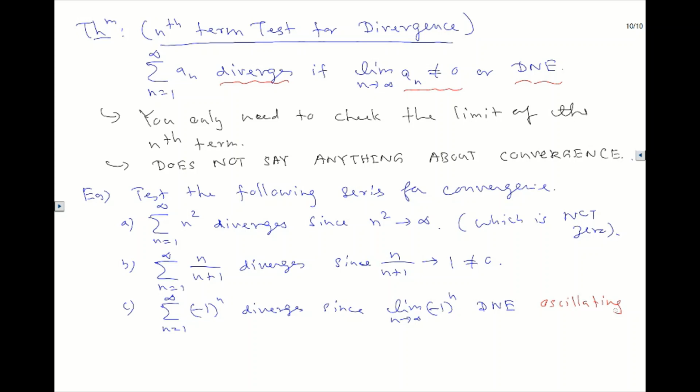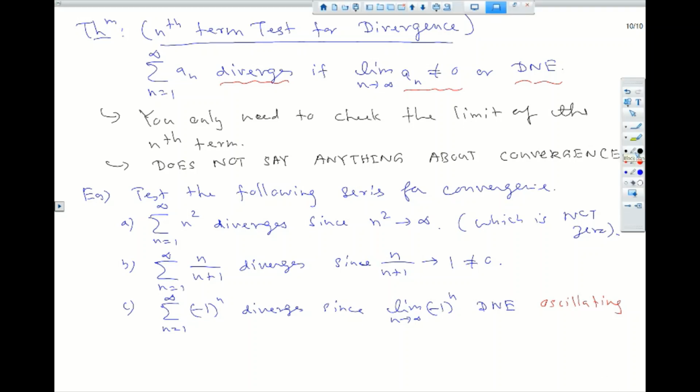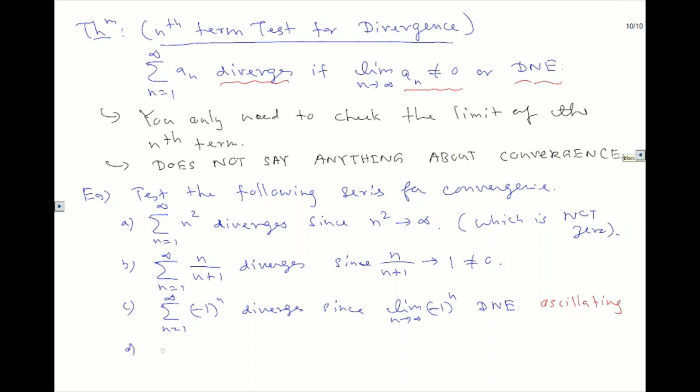How about this one? The sigma n going from 1 to infinity of 2n squared minus 3 over 5n minus 4n squared. You can see this also diverges. Why?